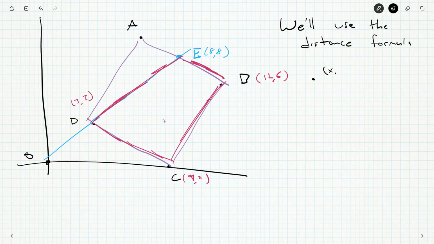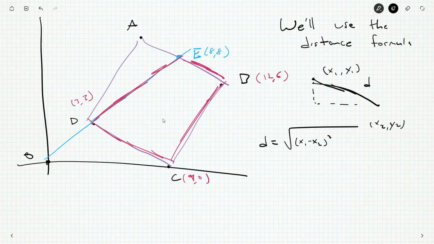If you haven't seen the distance formula before, if you've got two points, x1, y1 and x2, y2, the distance between these two, if we call it d, is the square root of the difference in the x-coordinates squared, plus the difference in the y-coordinates squared. Why? Because of Pythagorean triangles.